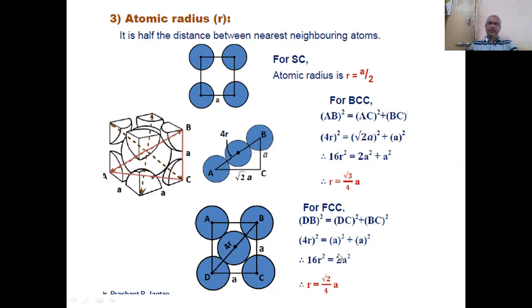So this is (4R) square plus DC is A and BC is A, so 16R square is equal to twice A square. Simplifying this, R is equal to √2/4 into A. This gives the relation between the lattice constant A and the atomic radius R for FCC, and the earlier one is the relation for BCC.